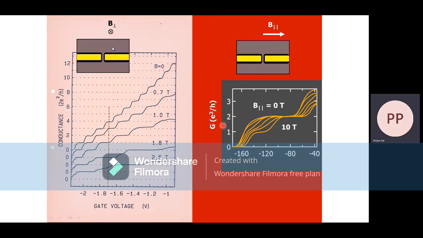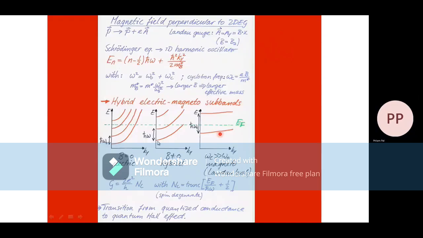But the size of the plateaus, the positions of all these traces, are essentially unmoved. So the effect of a perpendicular magnetic field can be accounted for by adding another energy term to the Schrodinger equation, I mean by adding a term that corresponds to the cyclotron frequency, right?